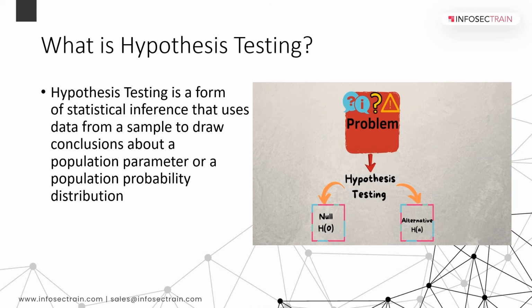So hypothesis testing is a form of statistical inference that uses data from a sample to draw conclusions about a population parameter or a population probability distribution. Sometimes we use hypothesis testing for checking the independence between two columns.